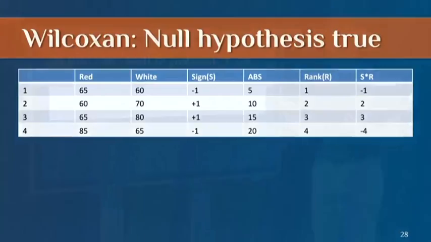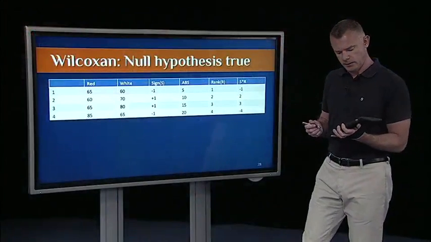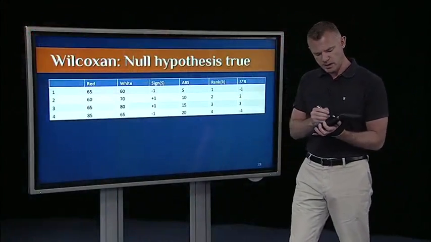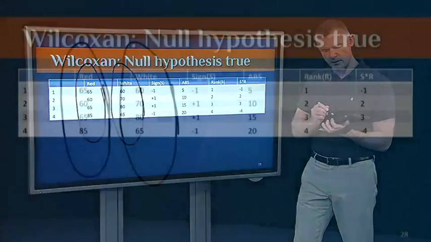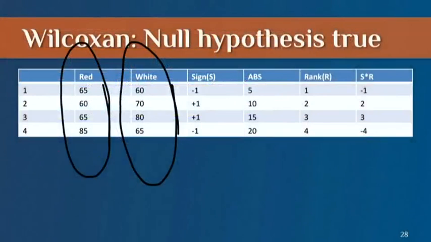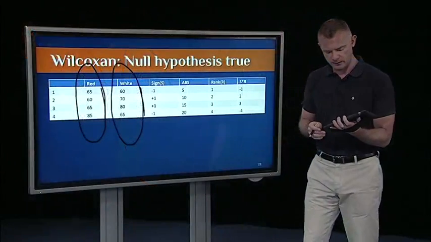There's no difference in the medians. And the way this works is, you take the ratings, so here are the ratings for 4 experts on red and white, and arbitrarily pick one as the positive condition and arbitrarily pick the other as the negative condition.